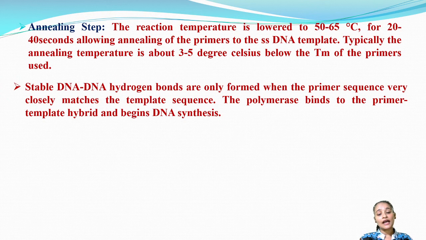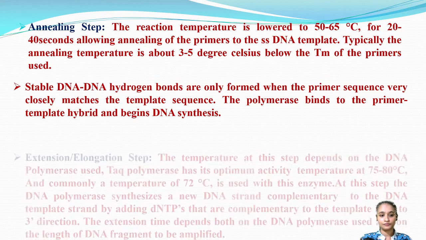Stable DNA-DNA hydrogen bonds are only formed when the primer sequence very closely matches the template sequence. The polymerase binds to the primer-template hybrid and begins DNA synthesis. So in the annealing step, our primers bind to our DNA sequence of interest when we lower the temperature, because at high temperature our primers cannot anneal.